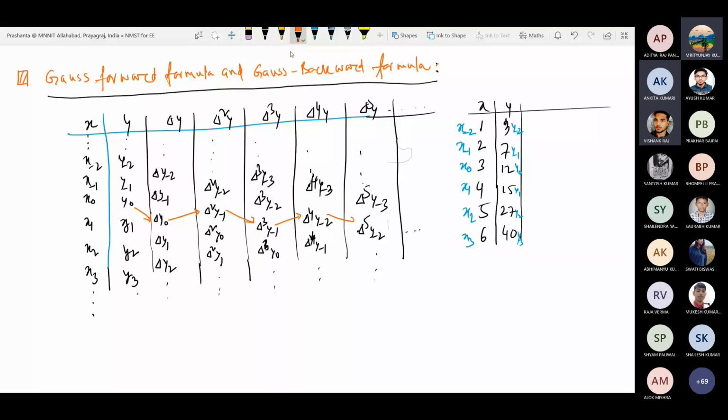Create the table in a somewhat symmetric way, so that the forward line is easily visible. So this is the forward line, if the center is chosen as x naught, and this line is called the backward line.